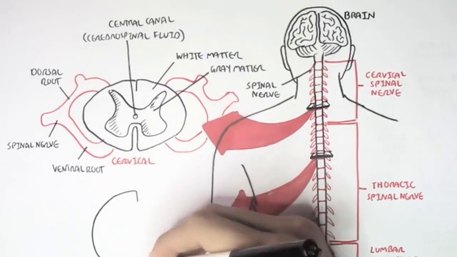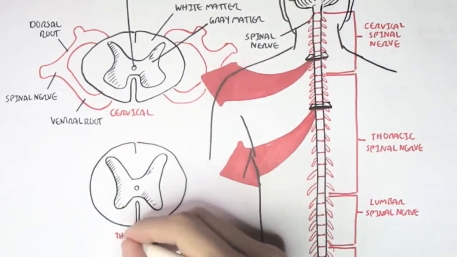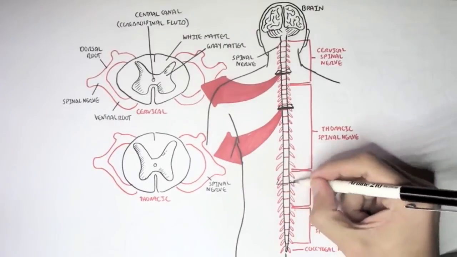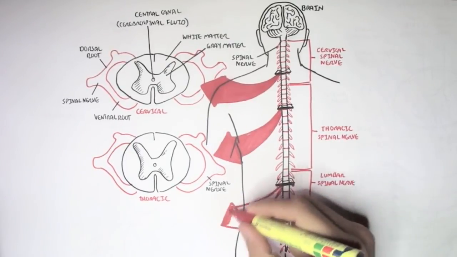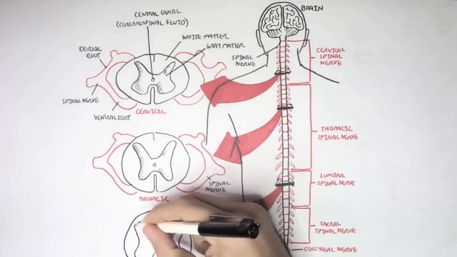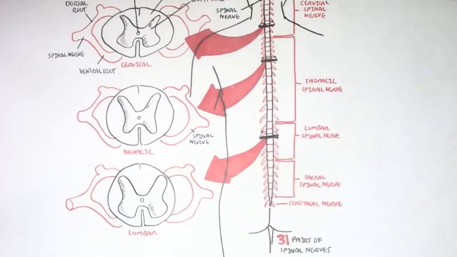Now, if we were to compare the cervical region of the spinal cord to the thoracic region, the thoracic region would look much rounder in shape. And remember, we're looking at it from an anterior view. And the lumbar region, on the other hand, looks more like a pyramid shape.